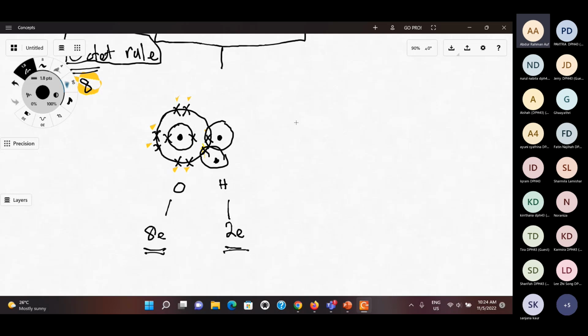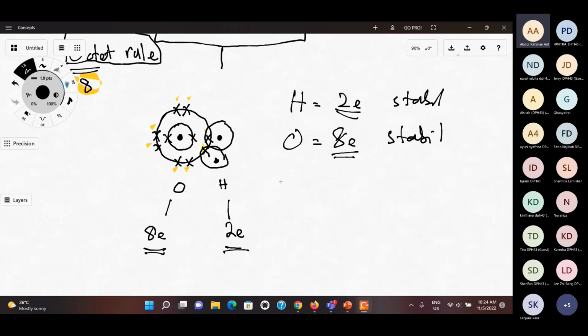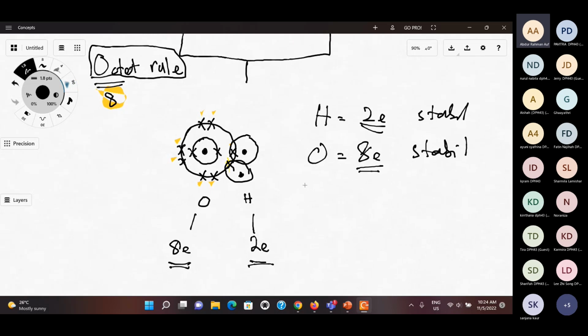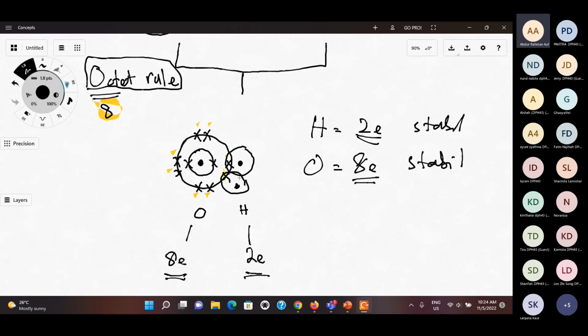So the key thing you have to understand from here is that certain atoms, like hydrogen, need 2 electrons to be stable. Oxygen needs 8 electrons in its shell to be stable. So if hydrogen and oxygen share electrons and achieve this number of electrons in their orbitals, they are stable. So a covalent bond is formed from the sharing of electrons.